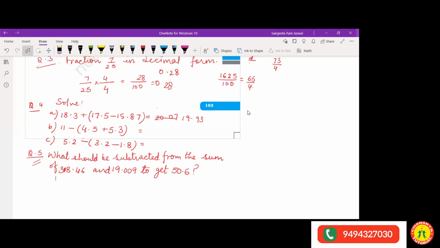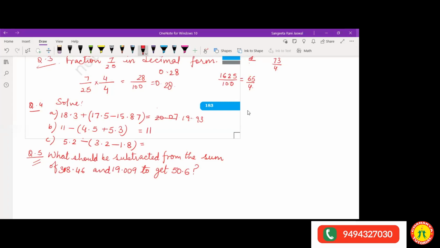How do you get 11.8? The sum of 4.5 and 5.3, what did you get for this sum? Ma'am, I did the subtraction 11 minus 4.5. See, when you have something in the bracket, you first perform that.